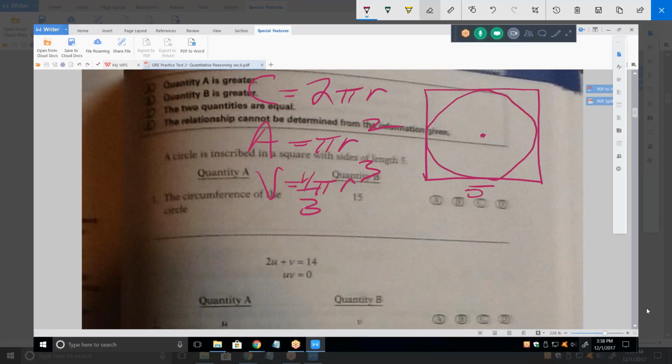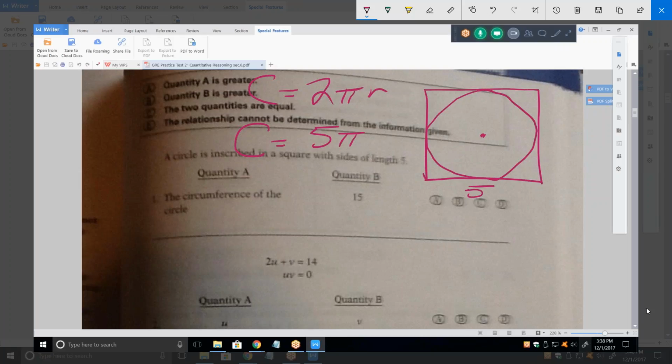So radius is really the key, not diameter. Even though you could just as easily say circumference is pi d. It's just not what I use. Okay. So what's the radius in this case? 2.5. And 2 times 2.5 is going to be 5, so the circumference ends up being 5 pi.